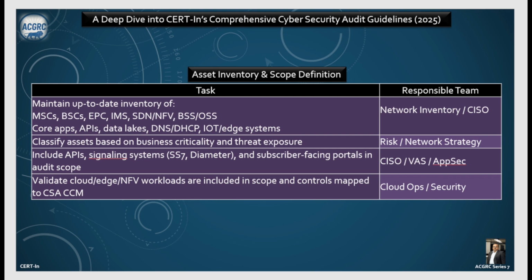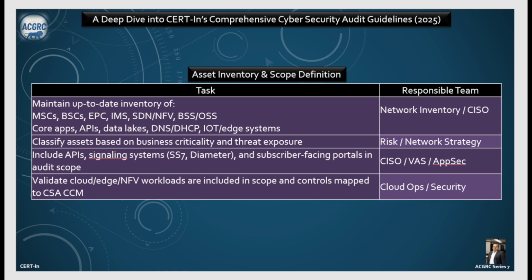This is where you bring in your experts and the heads from an inventory perspective, and of course your CISO. Step 2 of this is to classify each asset based on its business criticality and its threat exposure. This is where you get in your risk team and your network strategy head involved.